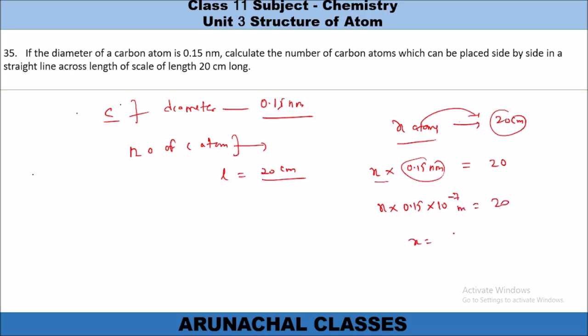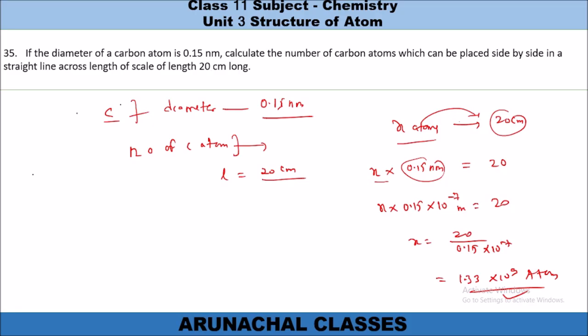Then x will be equal to 20 upon 0.15 × 10⁻⁷. When I solve this, it will be 1.33 × 10⁹ atoms. In this way we get how many atoms can be placed along the 20 centimeter scale, when the carbon atoms have a diameter of 0.15 nanometer.